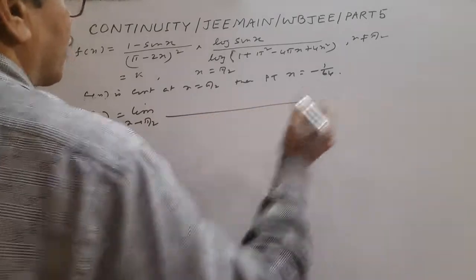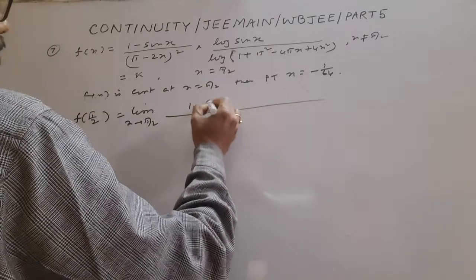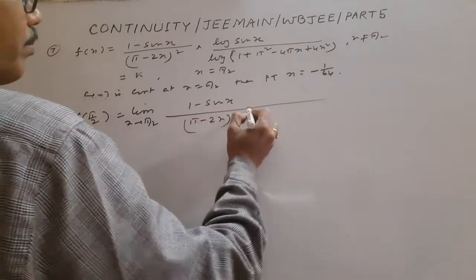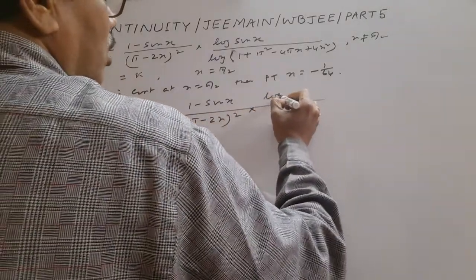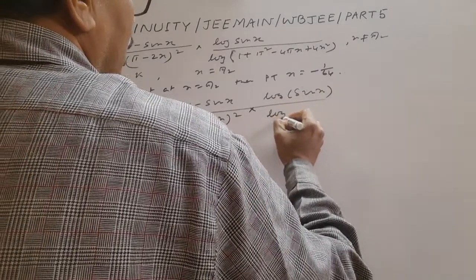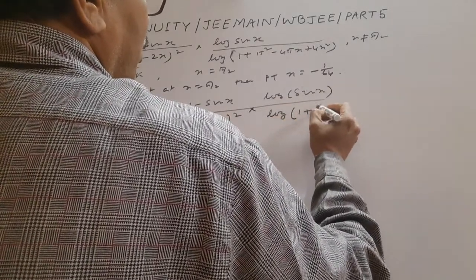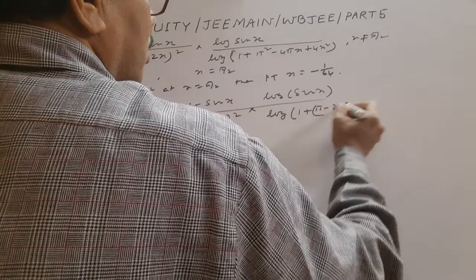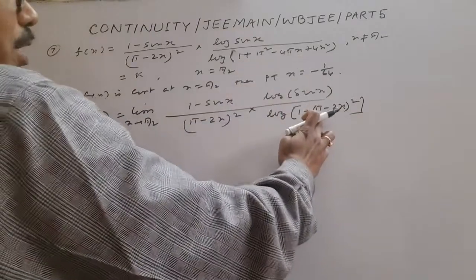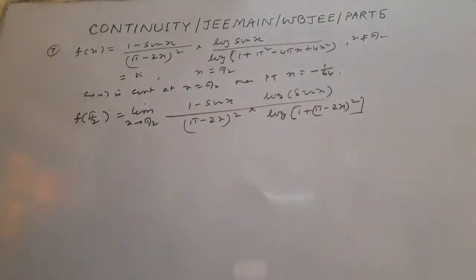So what is f(x)? (1 minus sin x) by (pi minus 2x) whole square, times log sin x by log of 1 plus (pi minus 2x) whole square, that is log of pi square minus 4 pi x plus 4x square.